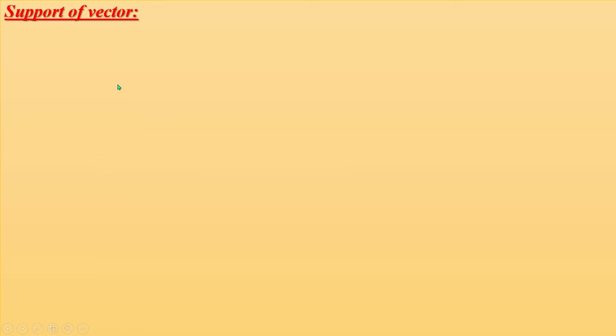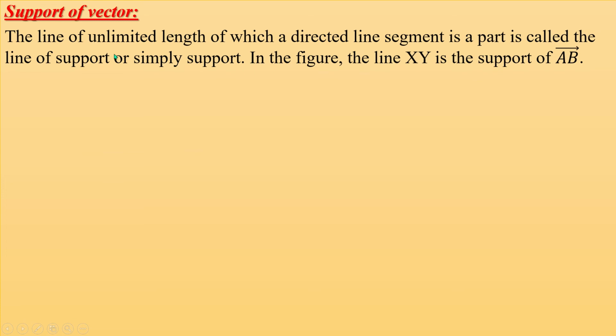Support of a vector: the line of unlimited length of which a directed line segment is a part is called the line of support, or simply support. In the figure, the line XY is the support of AB. Here XY is a line and AB a vector, so XY is the support of the vector AB.